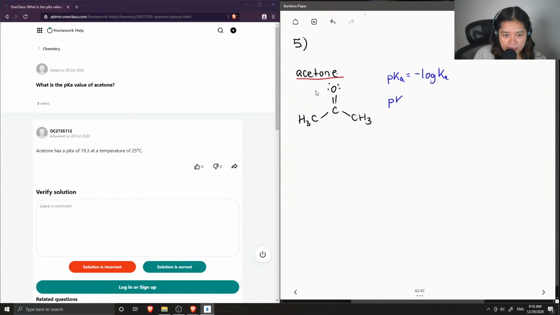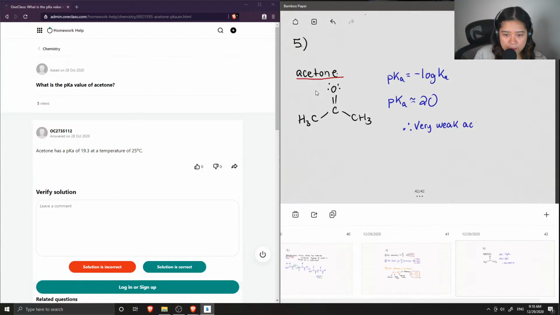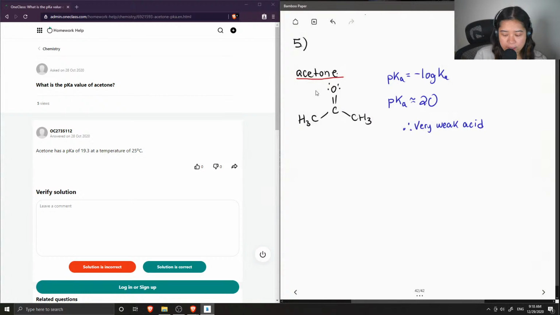So in the case of acetone, its pKa is around 20. So this tells us that this is a very weak acid, since its pKa value is so high.